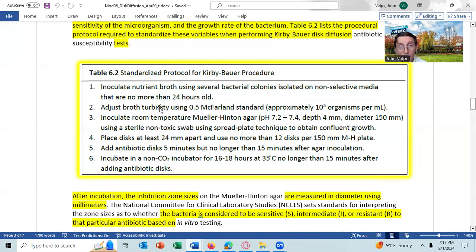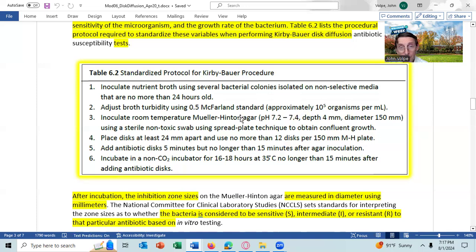You grow the broth until the turbidity reaches 0.5 McFarland units, which will be approximately 1 × 10⁵ cells per mL.